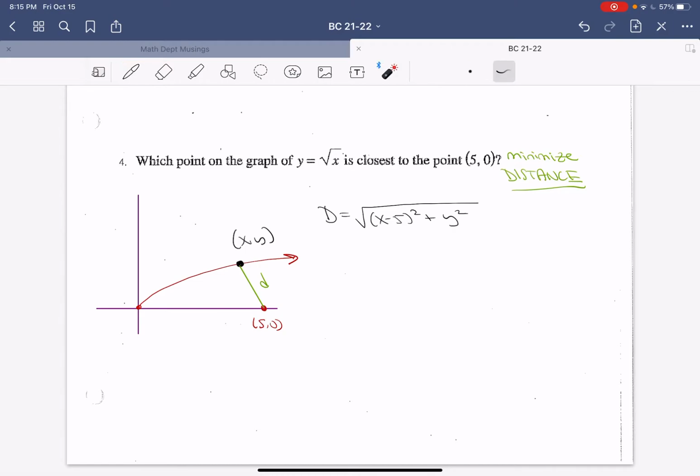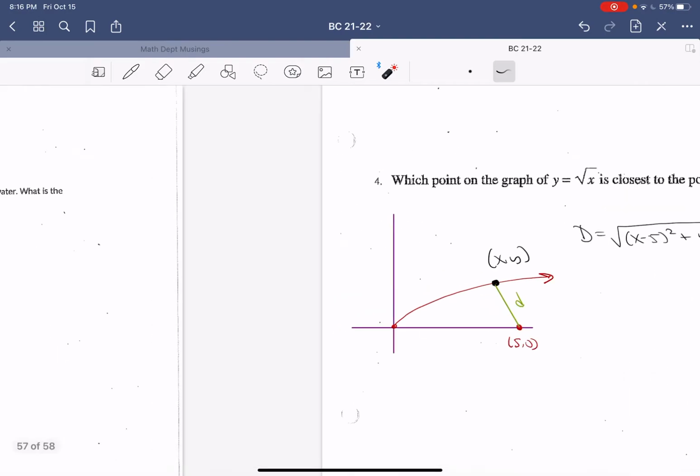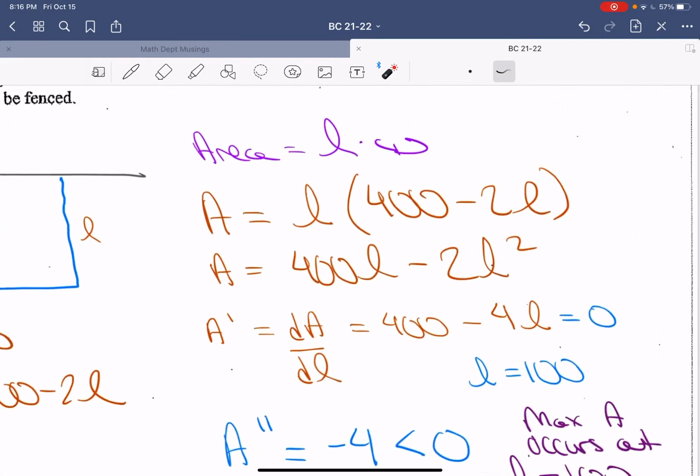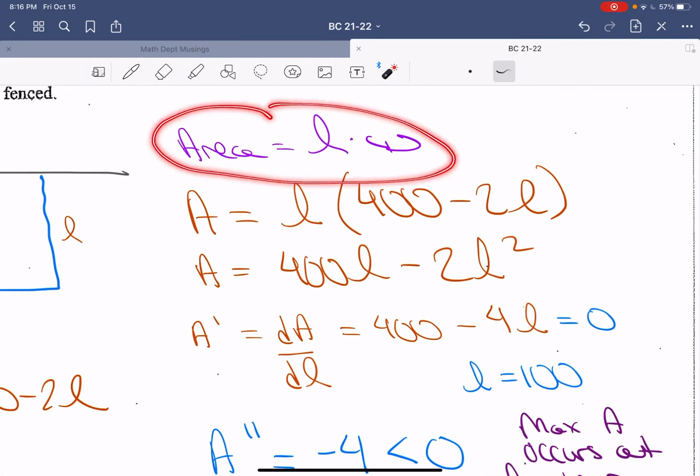And I also want you to notice that when I look at this equation, we have to minimize d. We already look over here and say, well, ideally, I'd like to have just one variable. I have two variables, x and y. Similarly, look at our first equation, where I had area is length times width.